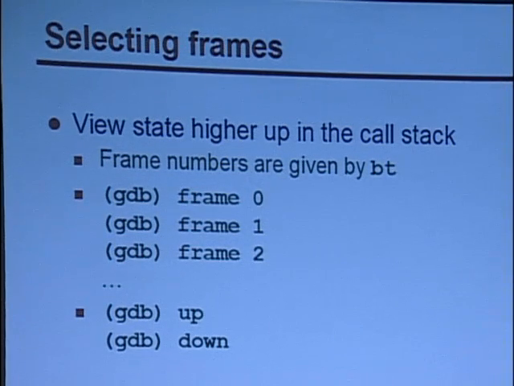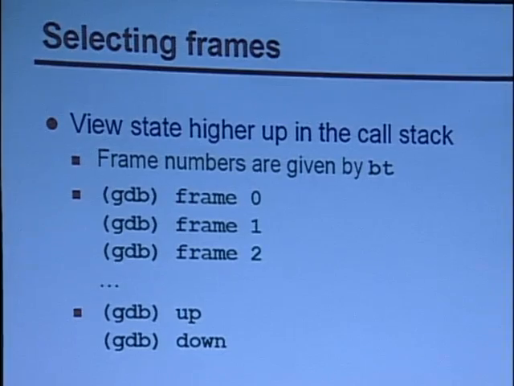And you're able to go up the call stack to figure out what the value of a particular variable is in this function, which called this other function. You can also use the commands up and down to just jump to the immediately adjacent frames. All right?